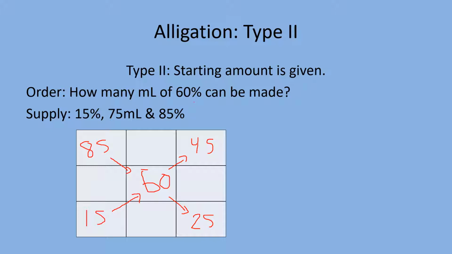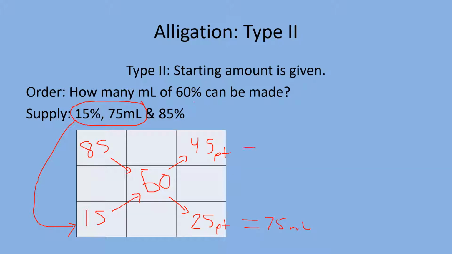All right. So I got 45 parts, 25 parts. Where does the 75 mLs go to? The 25 parts or the 45 parts? 45. The 15 is there, so this must equal 75 mLs.